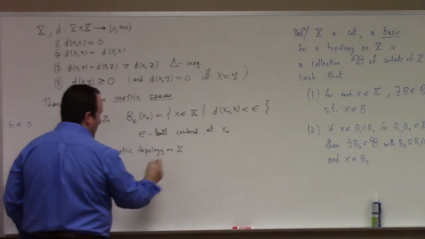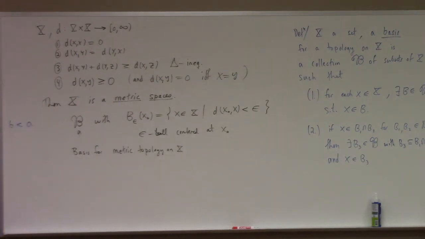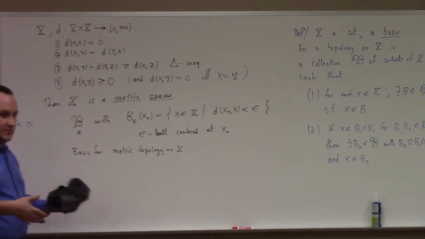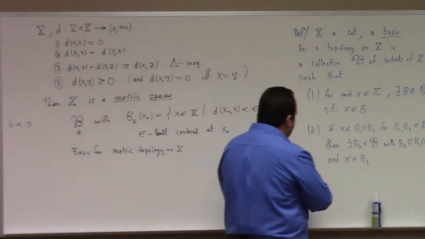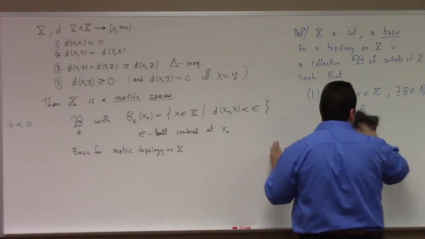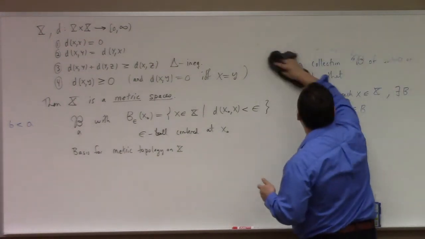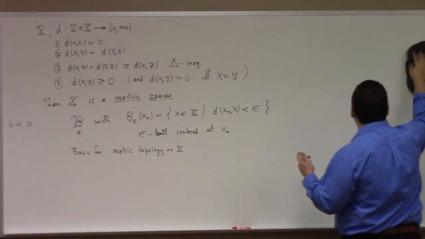on X. The reason I say this is the metric topology is the standard topology that we use in Rn. Most of what you do in calculus here is about Rn, right? R2 or R3. So in R2 or R3, the metric topology basically uses open disks, right?